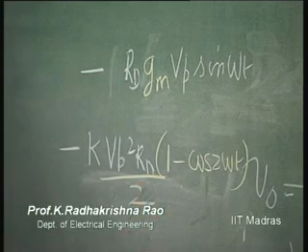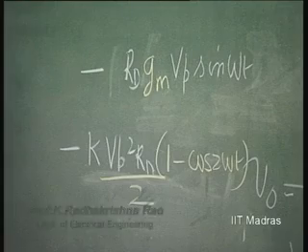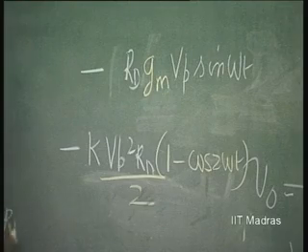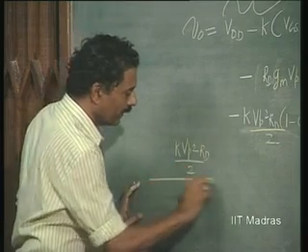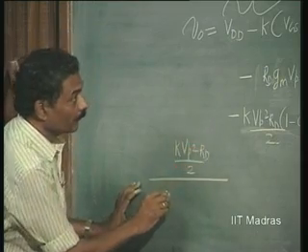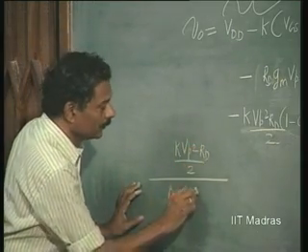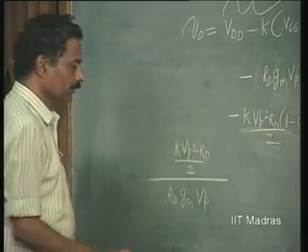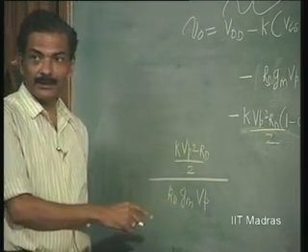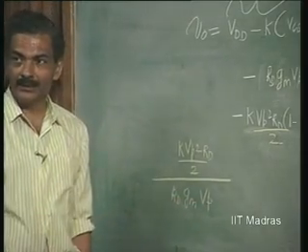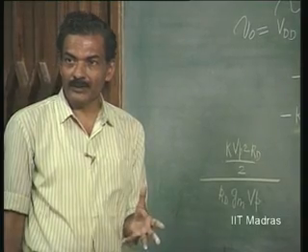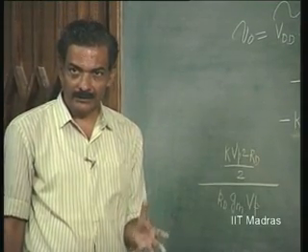So, what is it? We can just see k Vp squared into Rd by 2 divided by Gm into Vp. Actually Gm itself is defined as 2k into Vgsq minus Vt, right.